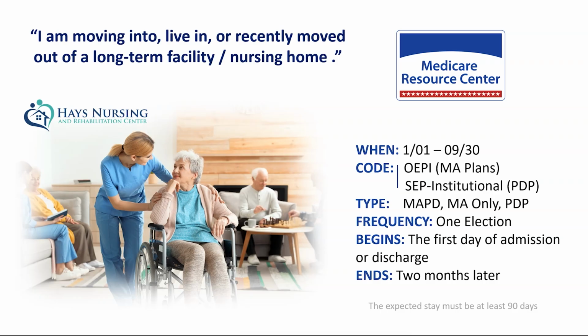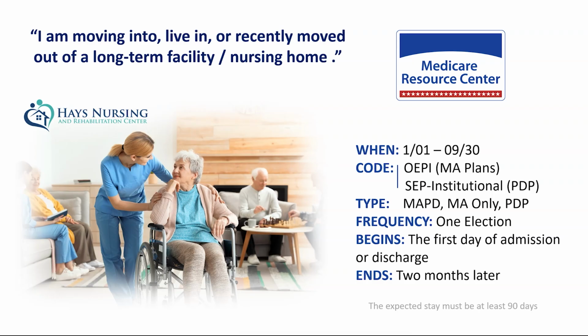All right, now this one is one that you may not have heard of. Now, this one's a little tough because I want you to look to the bottom right-hand side of your screen. This has to do with being in a nursing home or being institutionalized. And the enrollment period is different for the Medicare Advantage plan than it is for a prescription drug program.